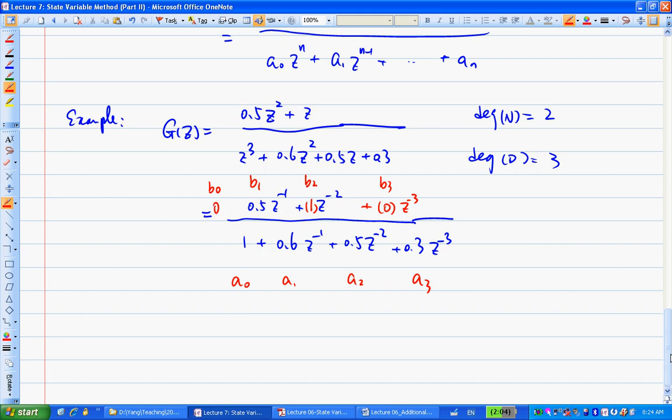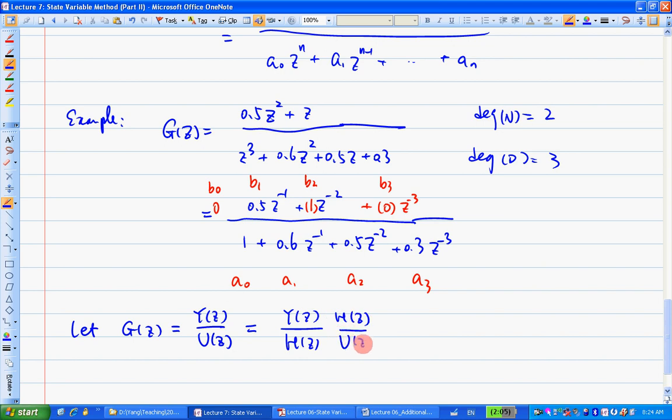Okay, so now let's do this one here. I'm going to let this G of z, which is of course equal to Y of z over U of z, then I will introduce an intermediate function. Why is that?